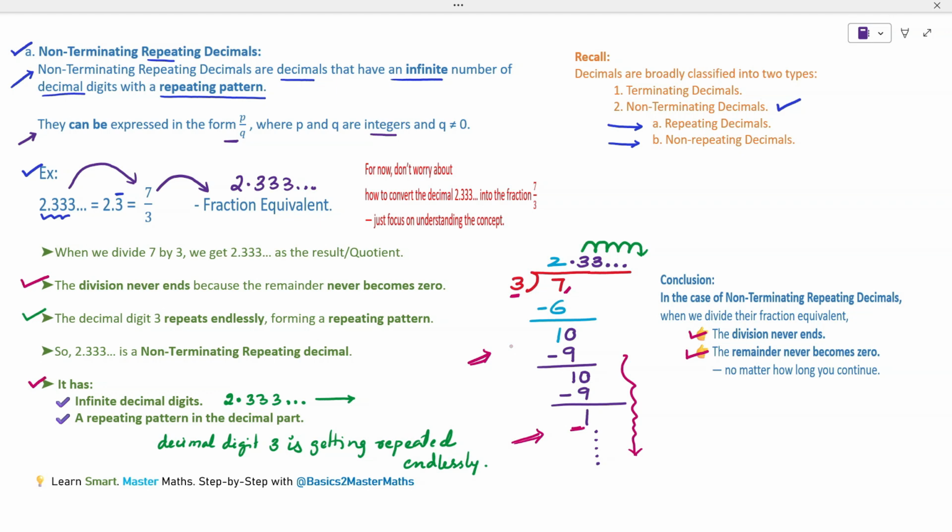The conclusion is 2.3333 has infinite decimal digits.